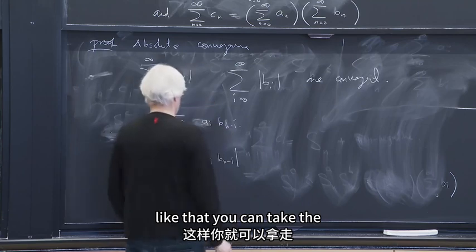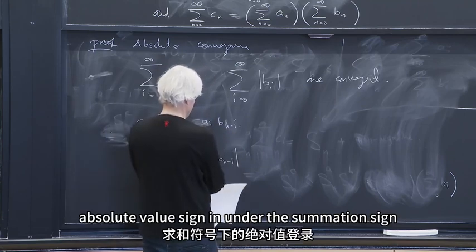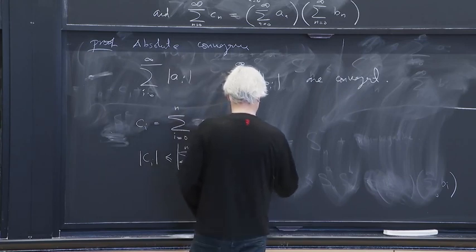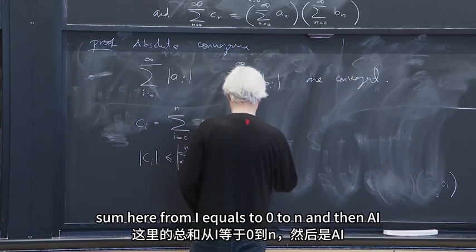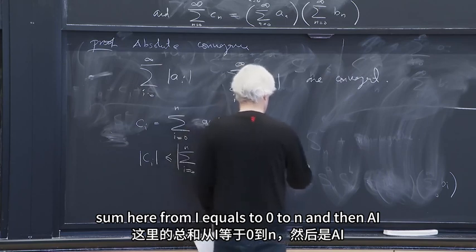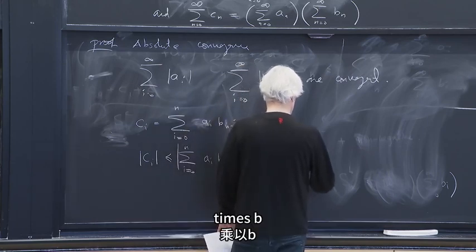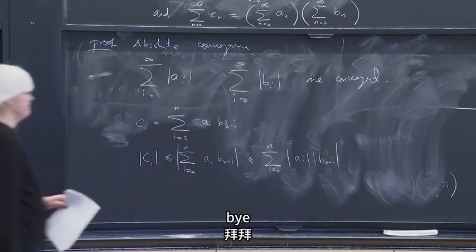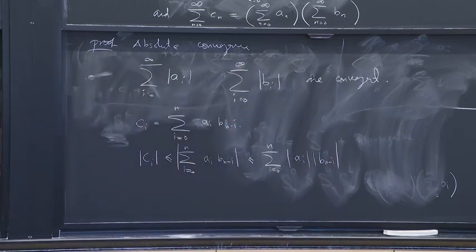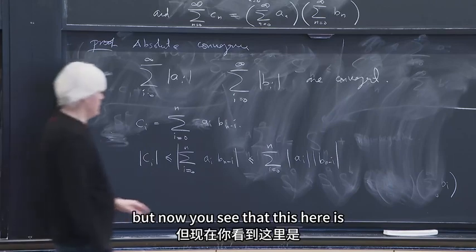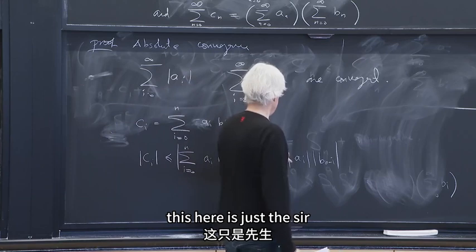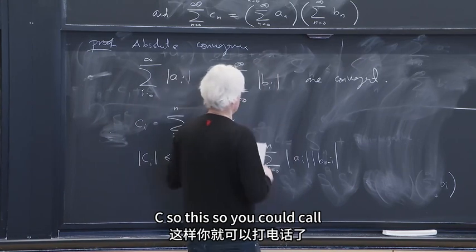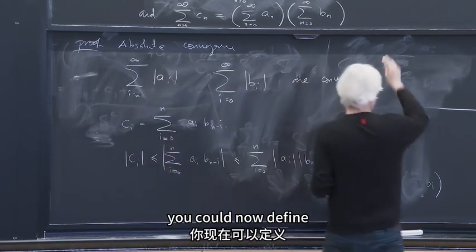You can take the absolute value sign in under the summation sign. So this is less than the sum from i equal to 0 to n of the absolute value of ai times the absolute value of b n minus i. But now you see that this here is the corresponding C. So you could now define.